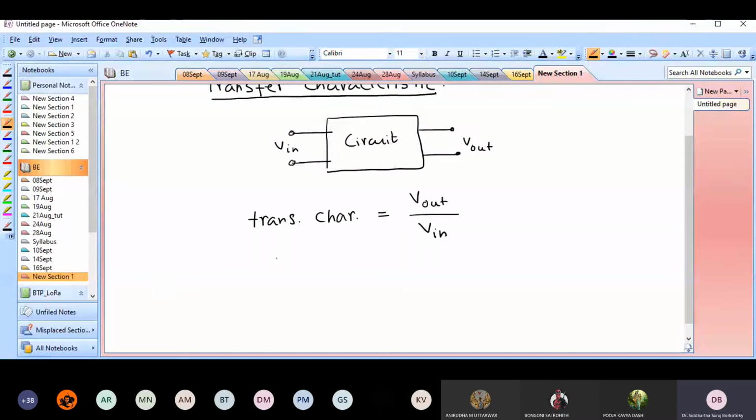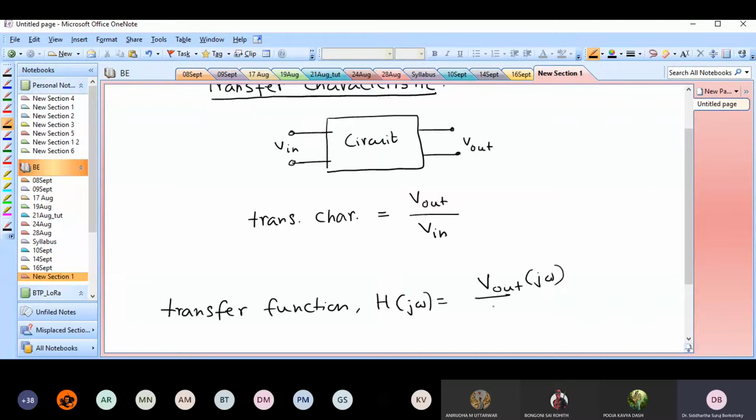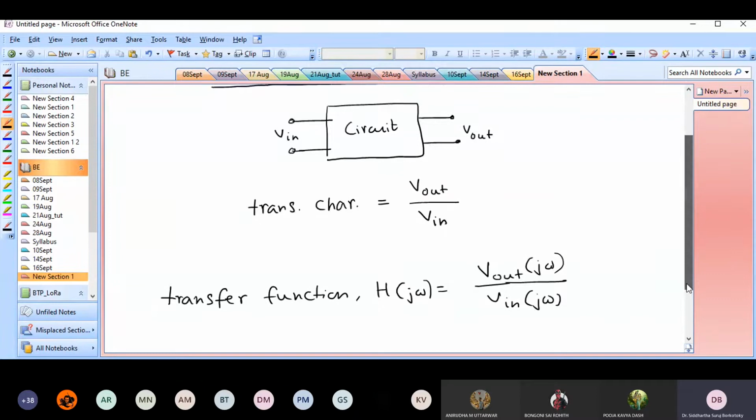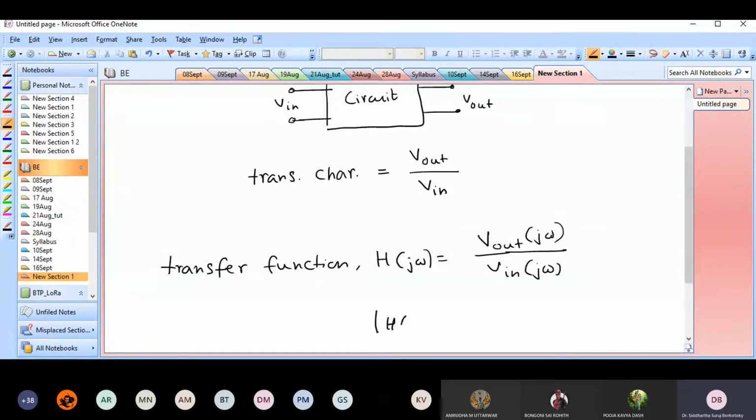Transfer function, if you remember the definition, it was H of j omega, V out of j omega over V in of j omega, and we said that this H of j omega is the gain. The magnitude of the transfer function was the gain. So that was transfer function. And this one is transfer characteristic.